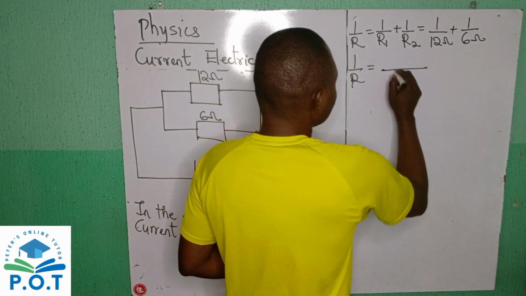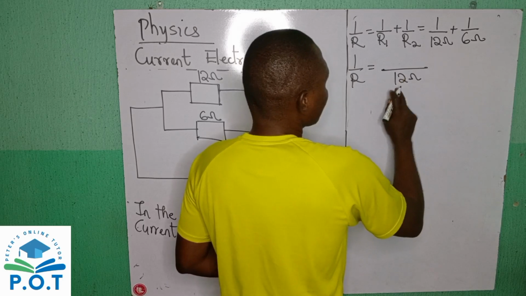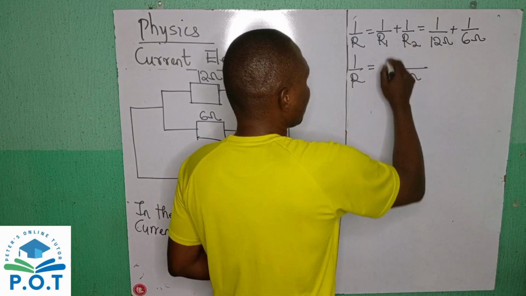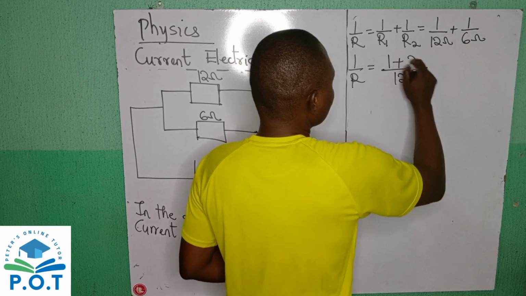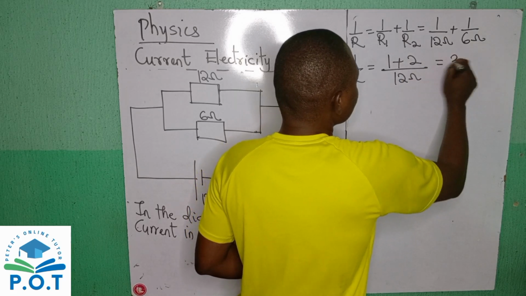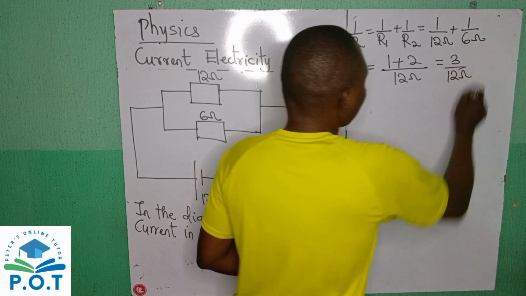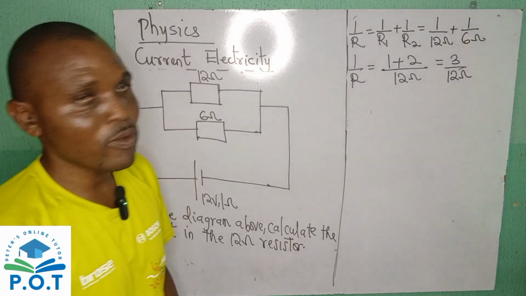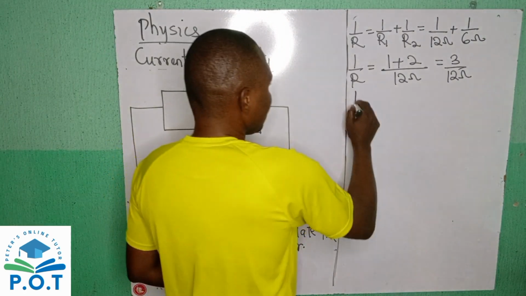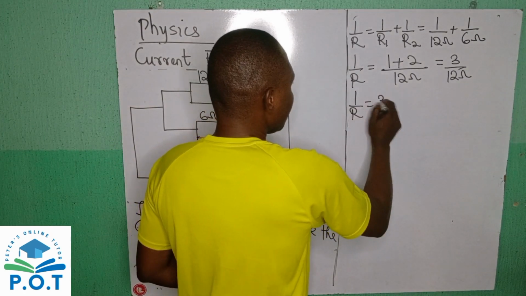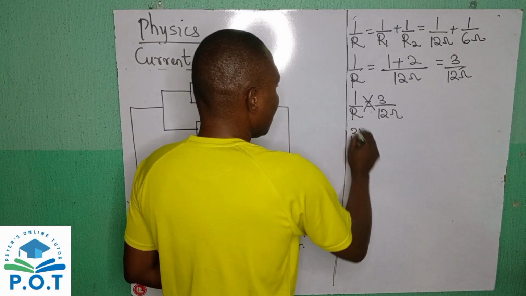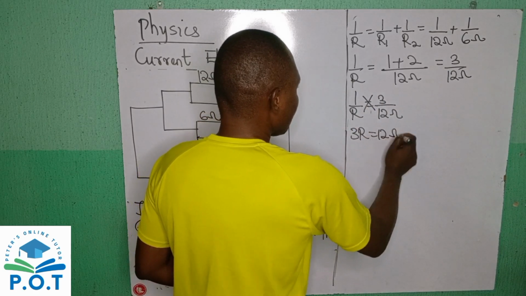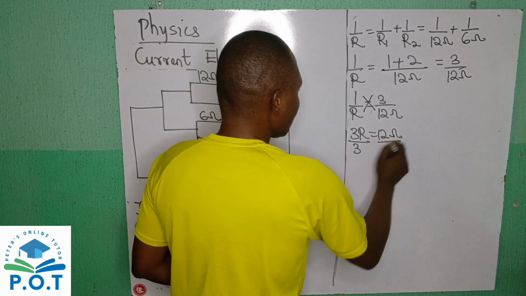So I'm having 12 ohm here. 12 divided by 12 is 1, 1 times 1 is 1. 12 divided by 6 is 2, 2 times 1 is 2. So 1 plus 2 is 3 over 12 ohms. Now 1 over R equals 3 over 12 ohms. So we can cross multiply. 3R equals 12 ohms. Now divide both sides by 3.